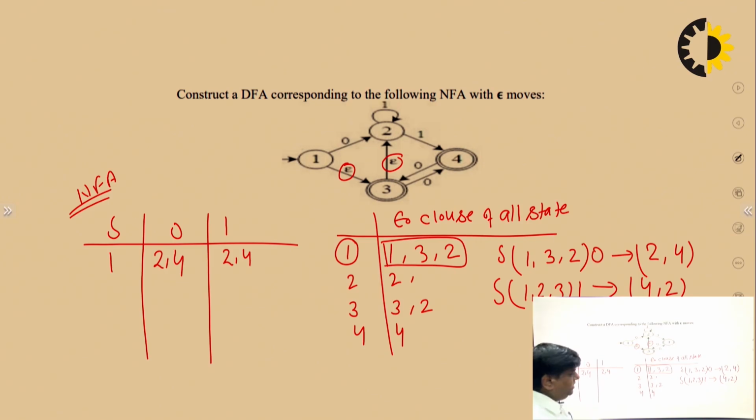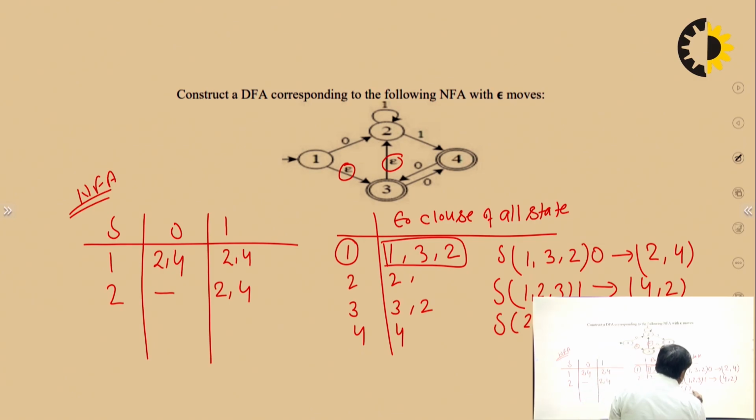Similarly, we find the transition of 2 on 0 and 1. The transition of 2 for 0, no transition, and for 1, that is 2 and 4. Similarly, 3. Now, we check the closure of 3, that is 2 and 3, and we check 0.